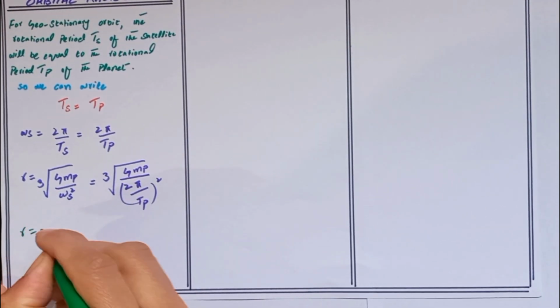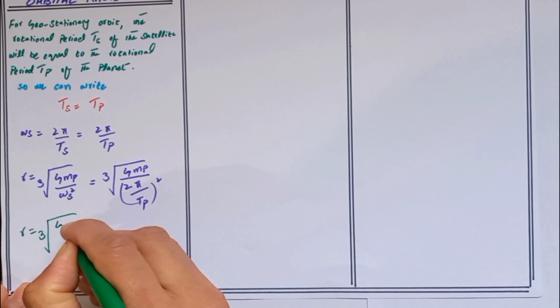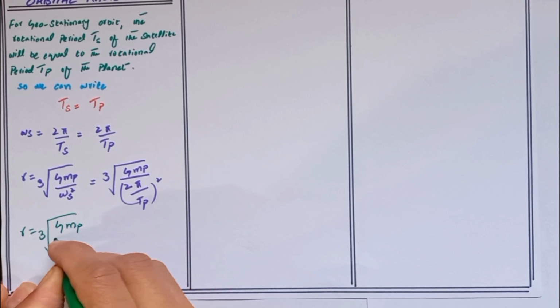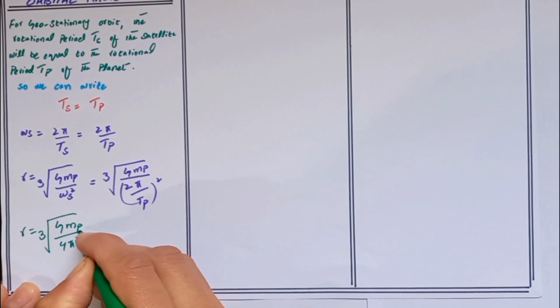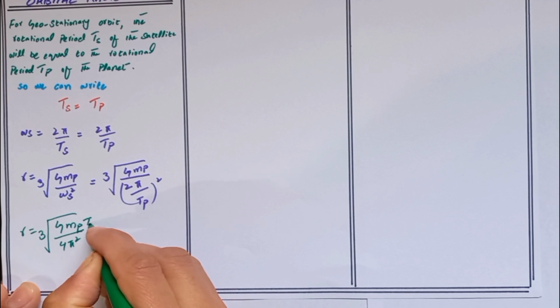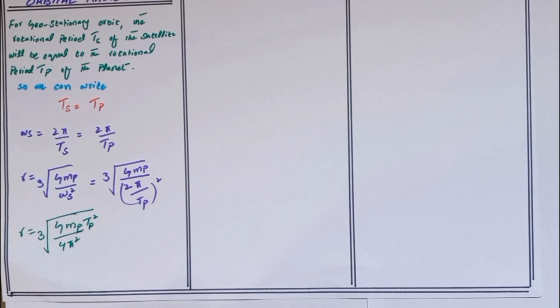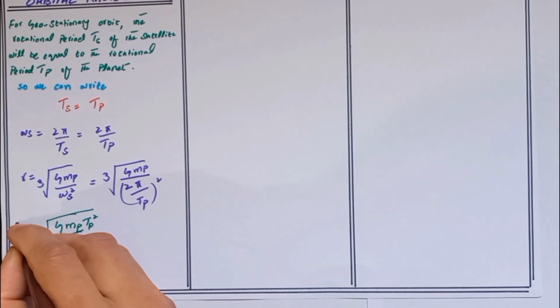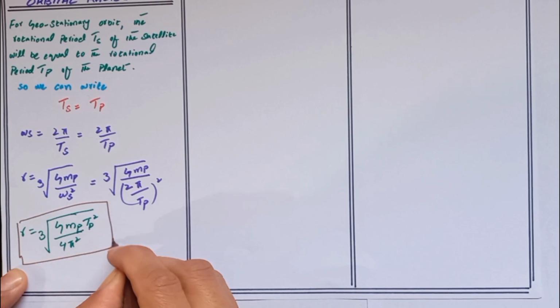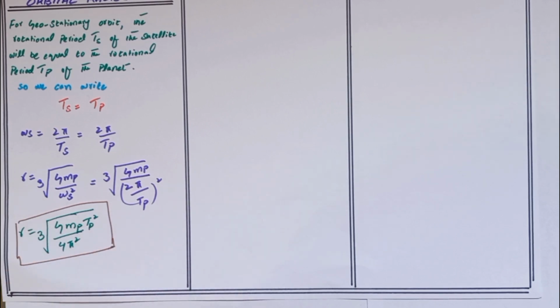If we simplify it, we get the cube root of gravitational constant G times mass of the planet over 4 pi square, multiplied by the rotational period of the planet squared. So this is the orbital radius of the geostationary satellite in terms of the rotational period.